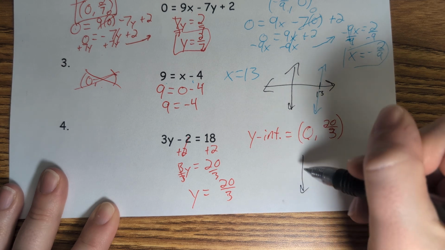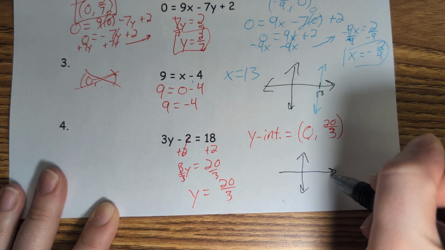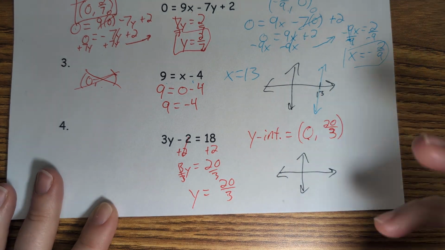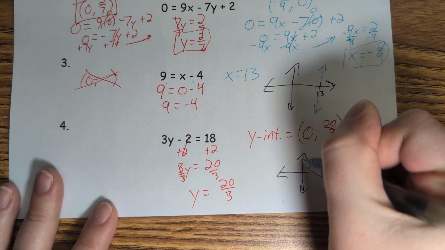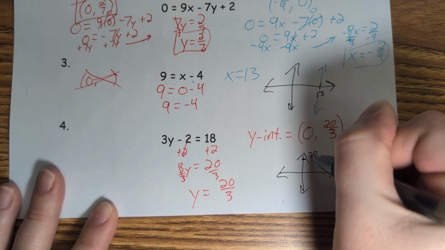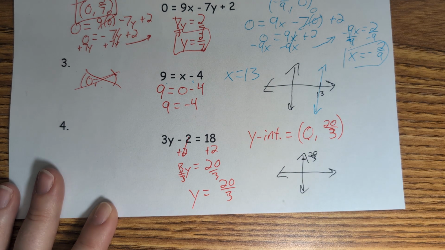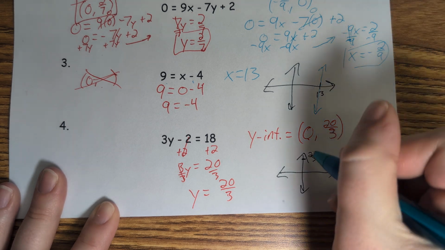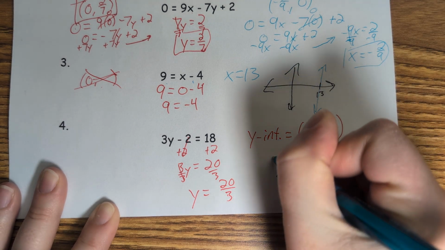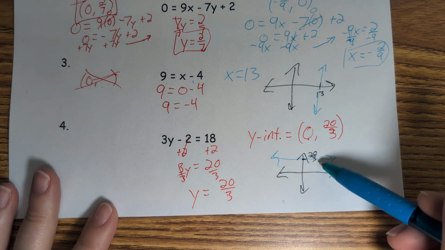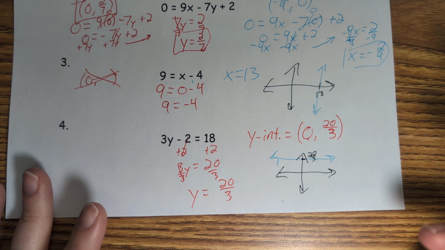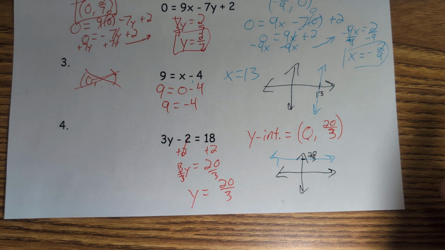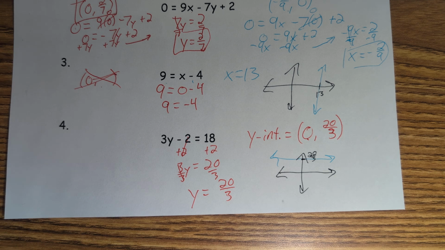If I were to look at this graph, 20 over 3 is a little over 6, about 6 2/3. And my graph would look like this. That's why it doesn't cross the x-axis. There is no x-intercept.